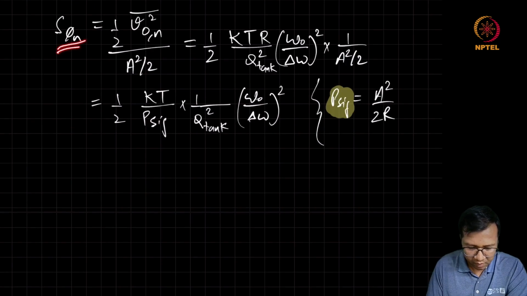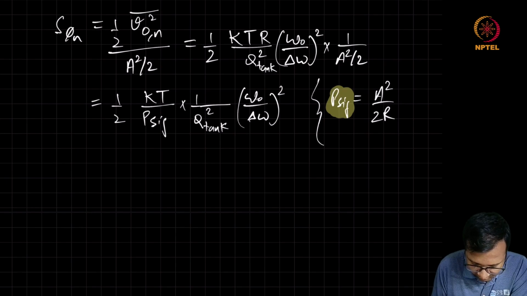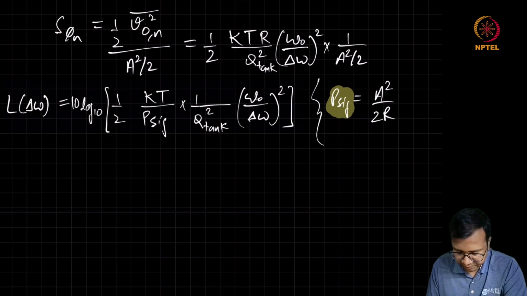And this S_phi_n at the offset delta omega is also denoted as L of delta omega, with 10 log of the entire expression.